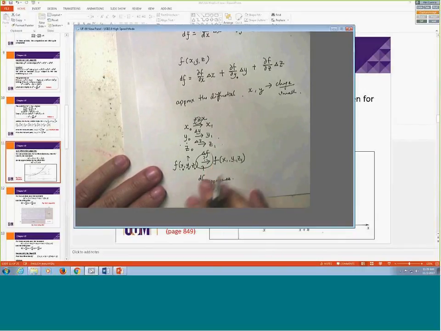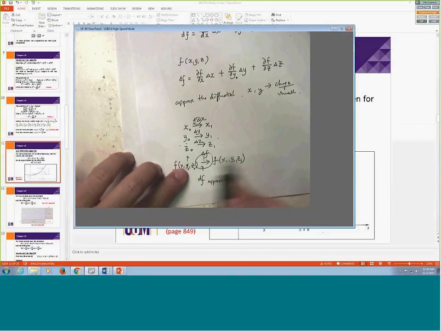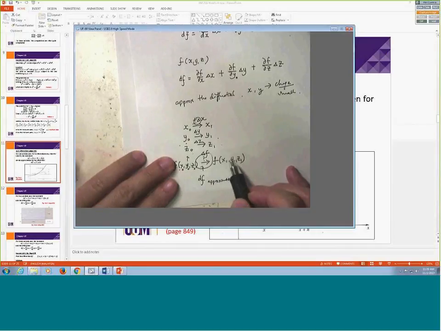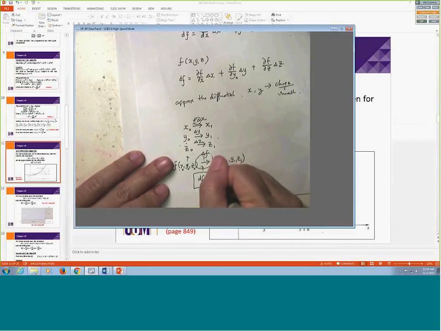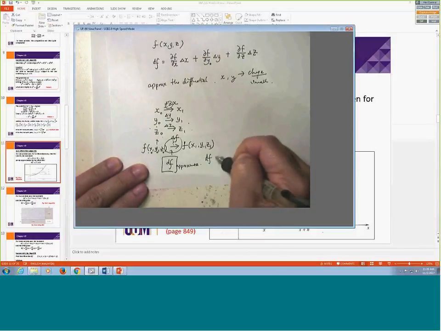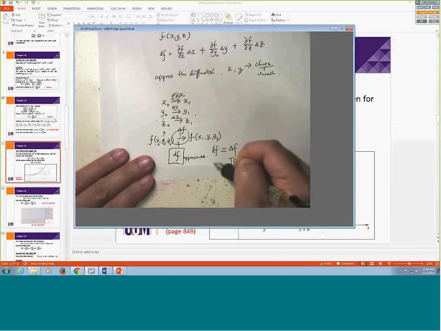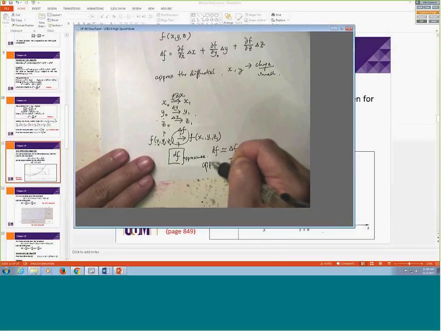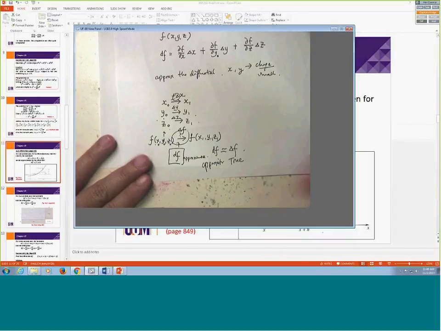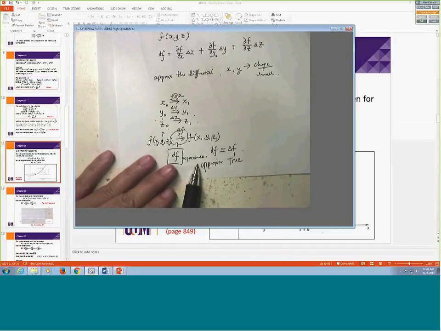But instead of substituting the values and subtracting, we may use the differential df to approximate the delta f. The delta f is the true difference, and df is the approximate difference. So you may compare the true difference and the approximate difference using the formula.